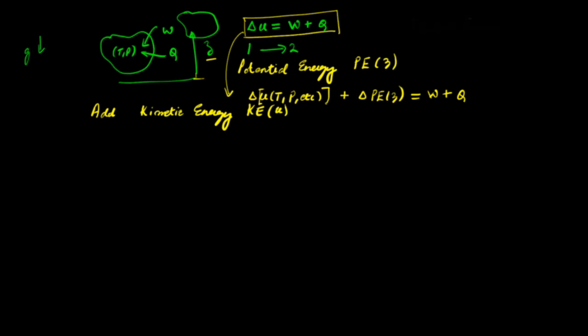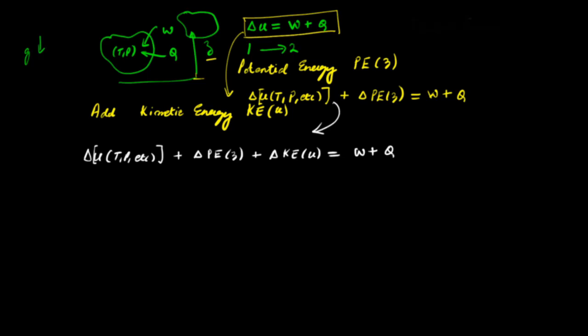Then we can write or update this equation for the first law by having the change in internal energy of the system plus the change in potential energy due to change in elevation plus the change in kinetic energy due to the change in velocity or speed, and that will be equal to the work done on the system and heat transferred to the system.